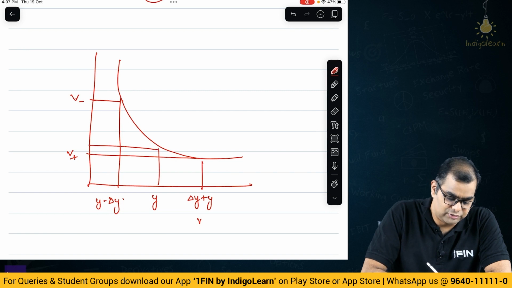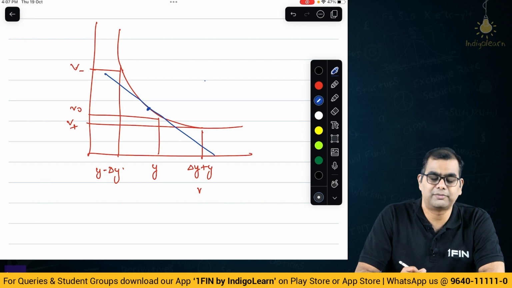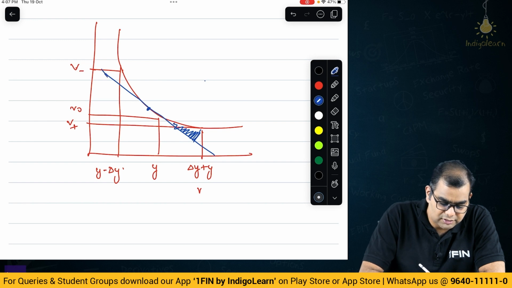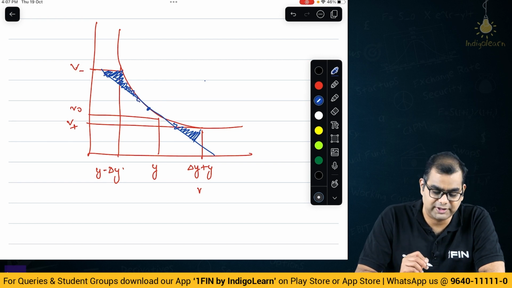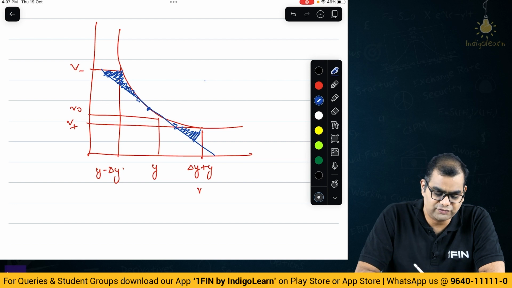And this value is called V0. What you are trying to do at this point is figure out this particular gap, because the first derivative gives you the value, which is your modified duration, for small changes.